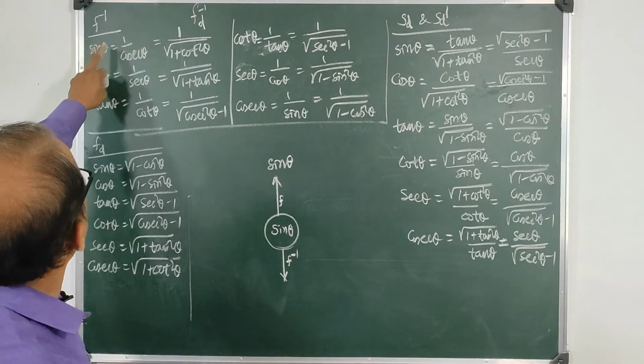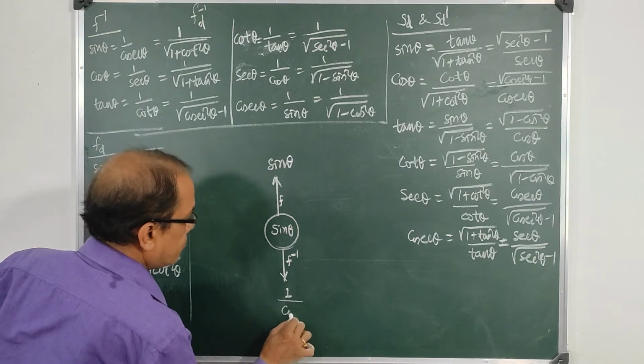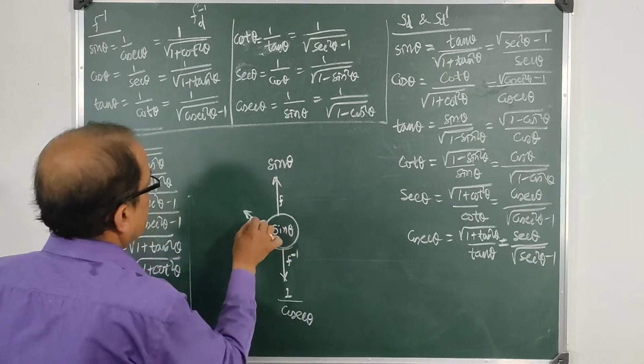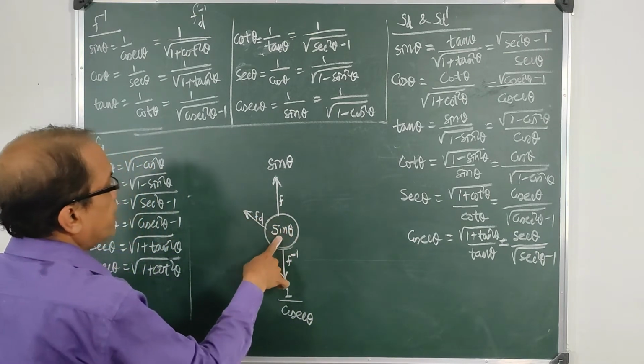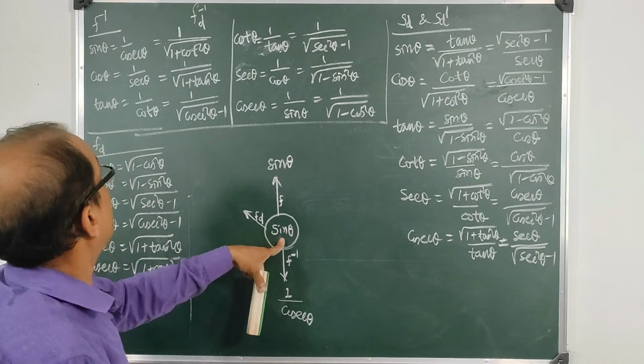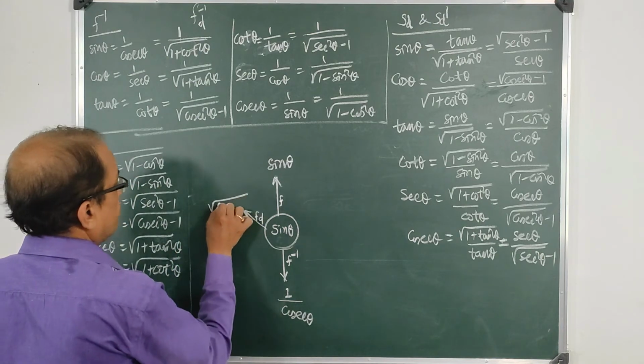Sin theta in its reciprocal form is 1 by cosec theta, so write here 1 by cosec theta. Then take its formula derivative FD. What is it? How is it linked with its formula companion cos? Sin theta is root over 1 minus cos square theta.